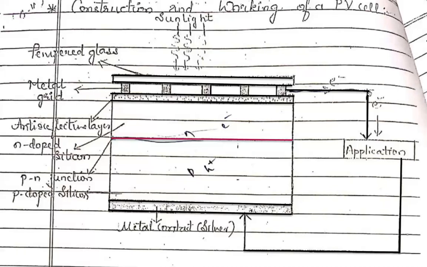Only the electron can go through it and not the hole. So electron will travel through this one-way road, through the load, go and pair up with the hole, thus forming electron hole pair recombination, generating electricity. So this is how photovoltaic cell is working.